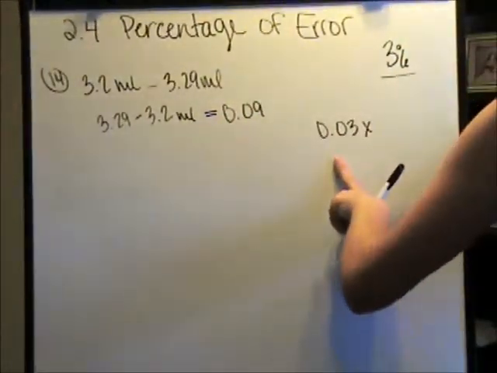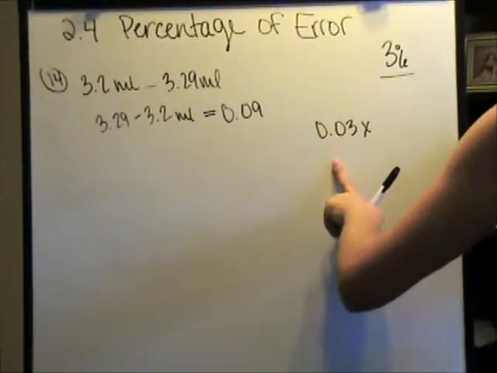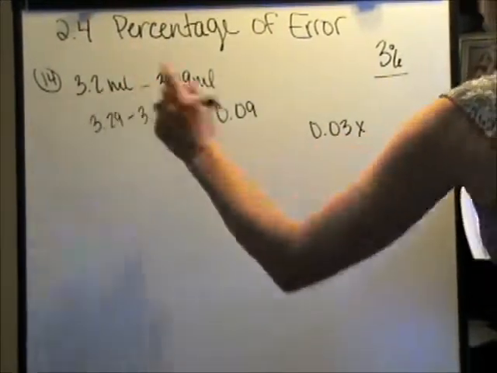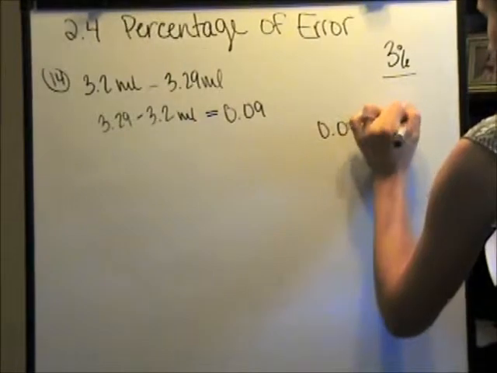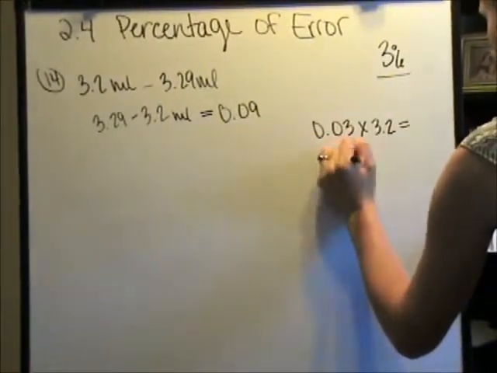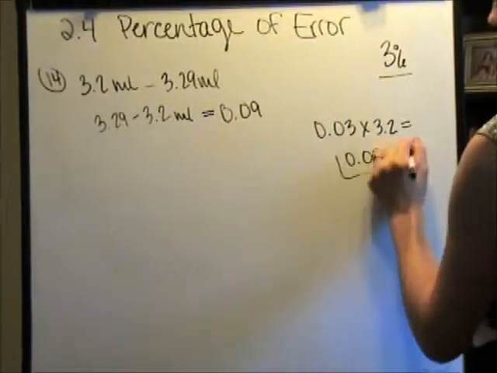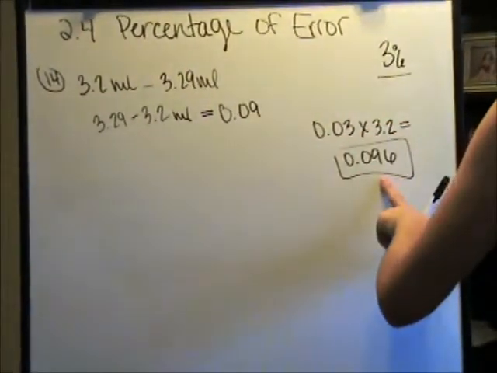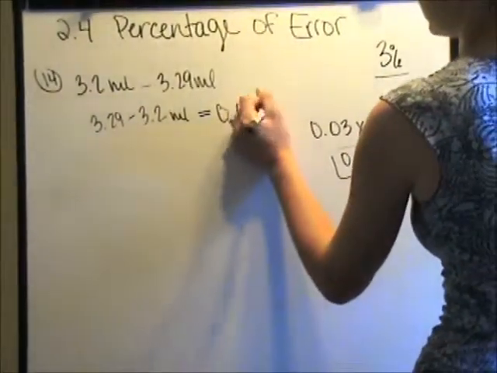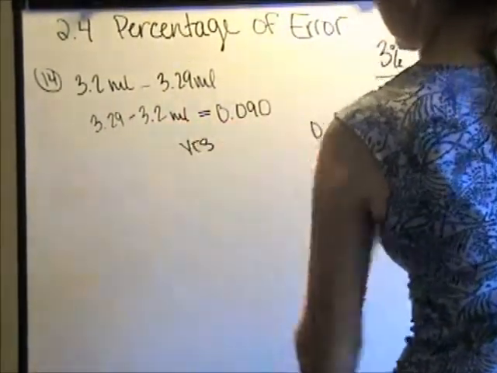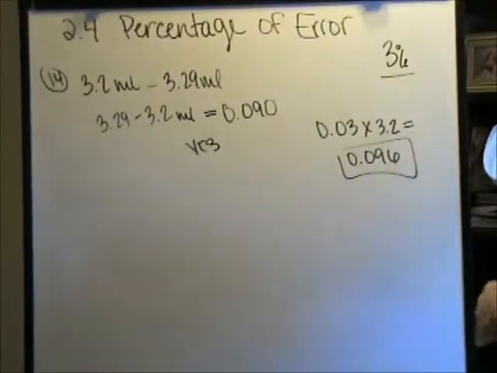Now we need to find out what our 3% margin of error is going to be. So we're going to take 0.03 times 3.2, and that is going to work out to 0.096. So if we look at our 3% margin of error, we can see that this is within that. So yes, it is within our 3% margin of error, and this measurement is okay.